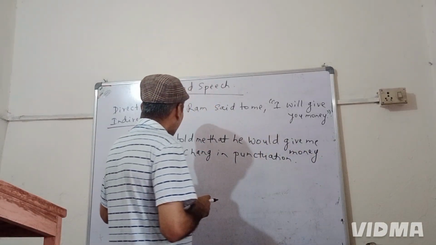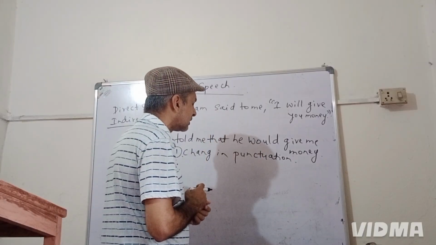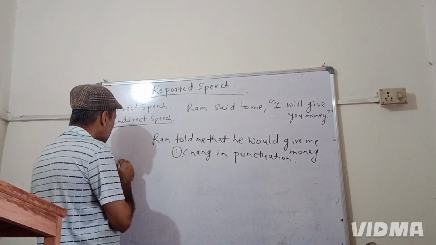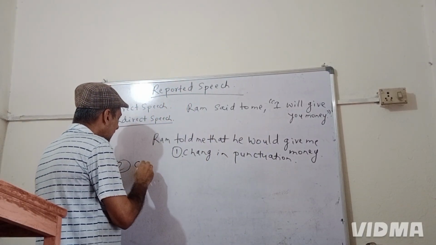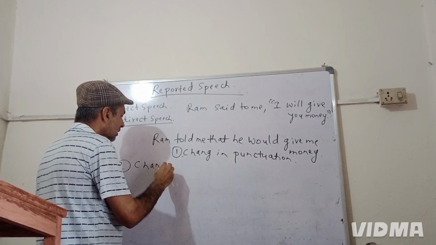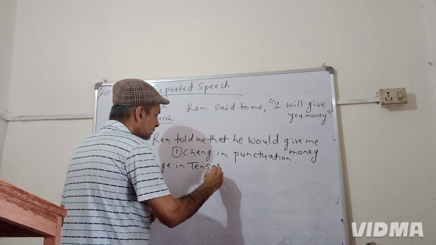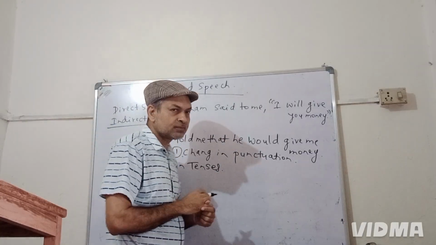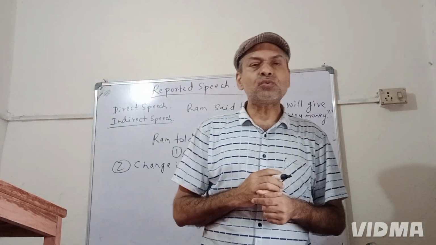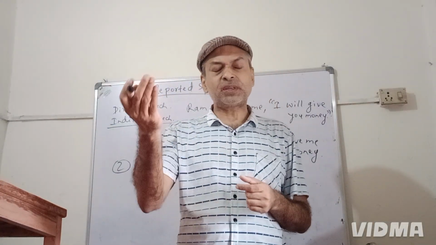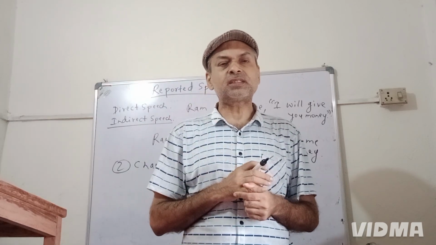So the first thing we have to change is the punctuation. The second thing we have to change is the tenses. As you know, tense means present tense, past tense, future tense.